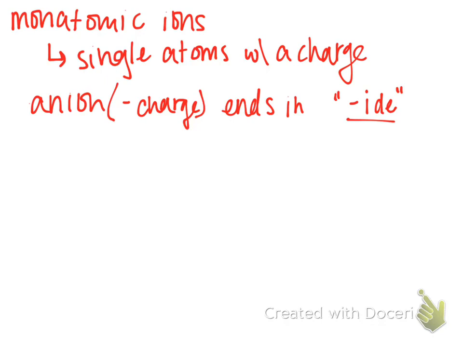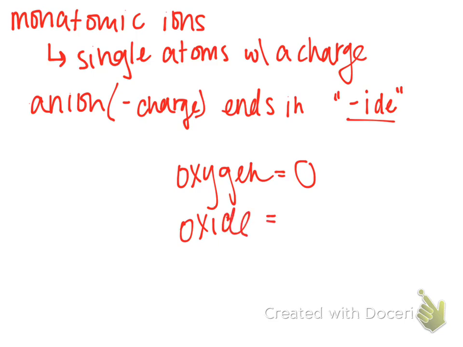So instead of oxygen, which is just O, oxide is O minus 2 with its charge. There's a difference between those based on the name itself. You use the root of the word and then end it in -ide. That tells you we're looking at the negative version of that. Does that make sense?